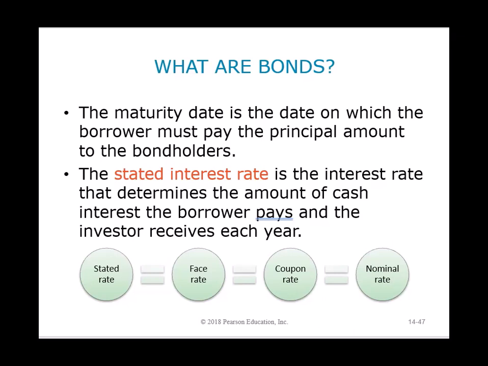Okay, for example, just as an easy example, if somebody buys a $1,000 bond and it has a 5% annual interest rate, the amount of interest that they receive every year is going to be that $1,000 times 5%. So that's the significance of the stated interest rate. It is how we determine the amount of interest that the company is actually going to have to pay to those bondholders.